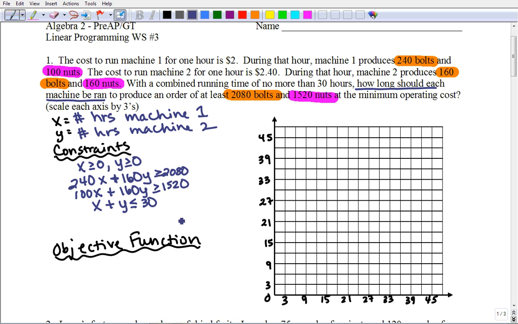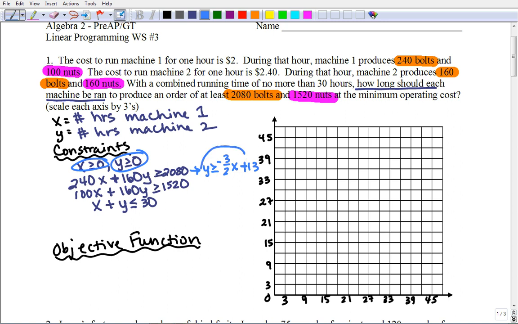Just for the sake of space right here, for these inequalities, again, we always need to solve them so that it's something we can graph. For this one, when I subtract the 240x and then divide by 160, when I get y by itself, I end up with y is greater than or equal to negative 3 halves x plus 13.